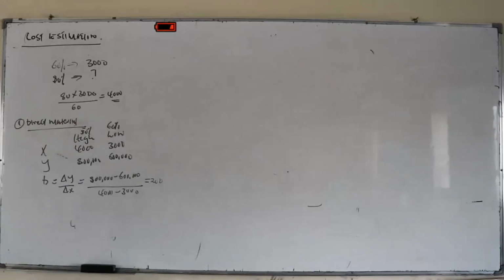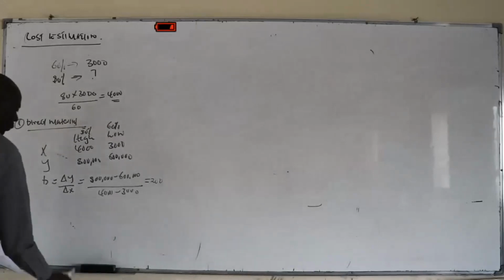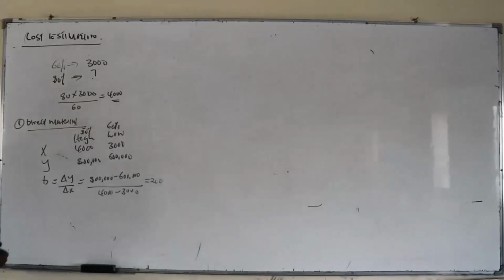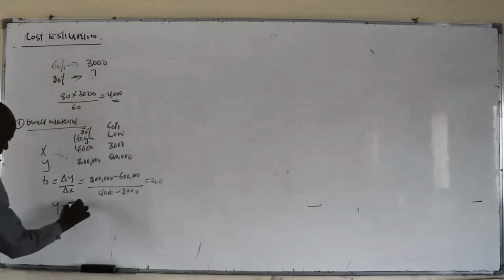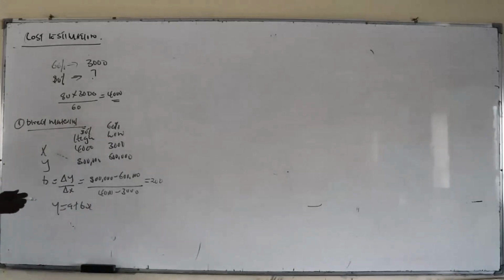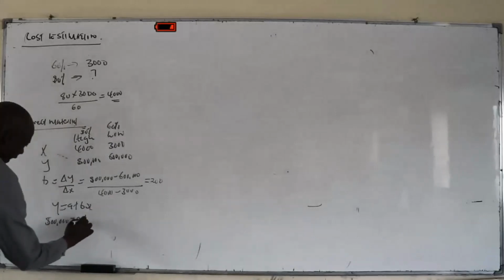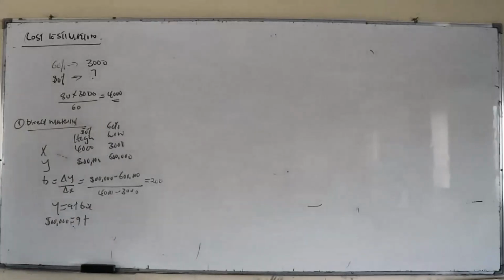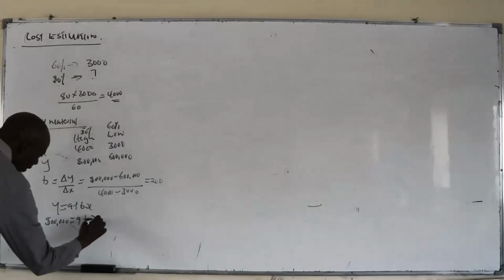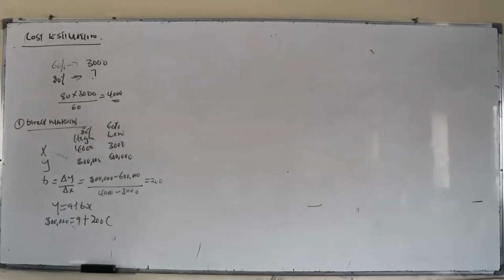Use the highest point to get the value of A. So remember Y is equal to A plus BX. The highest Y is 800,000, so you write here 800,000. We don't have A, it is the one that we are finding out, plus B, which is 200, times the highest X, which is 4,000.